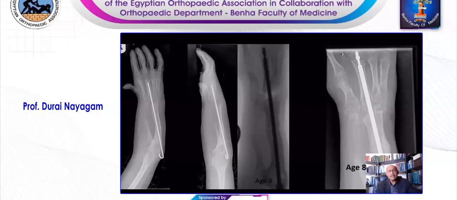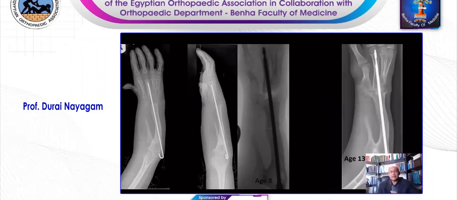So here are some clinical examples showing a case where a K-wire was used initially on the images on the left, and then as you progress to the images on the right-hand side, when the child is aged 8, we have substituted a telescopic rod because the canal diameter of the metacarpal allows us to insert the smallest telescopic rod, which in our practice has an external diameter of 4 millimeters.